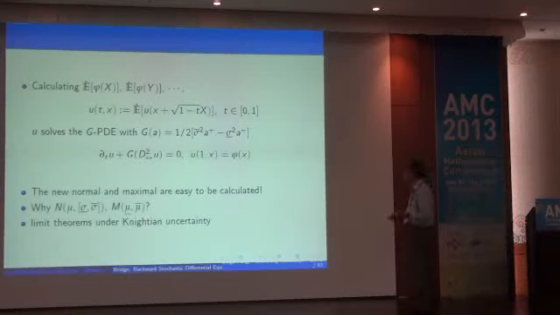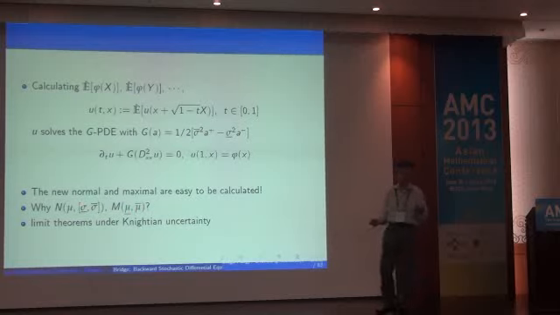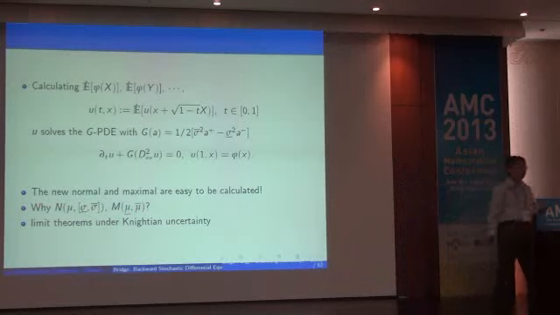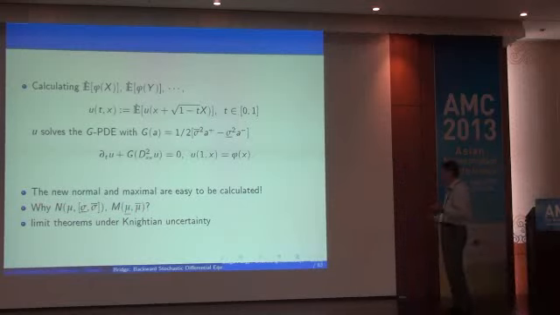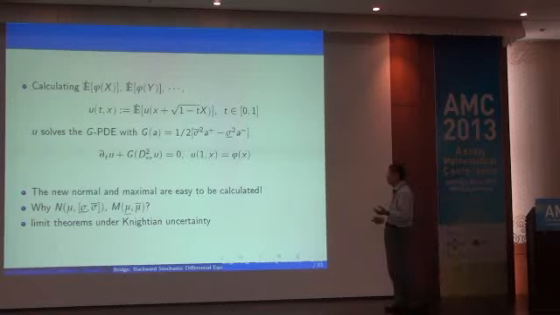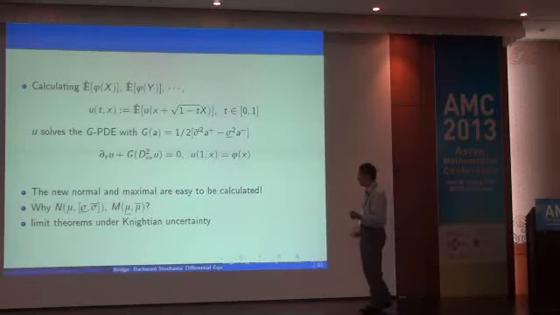The new normal distribution and the maximal distribution can be easily calculated. Recently, many numerical methods and algorithms have been developed for this. But another question is why you use this sigma square, G-normal distribution and maximal distribution.